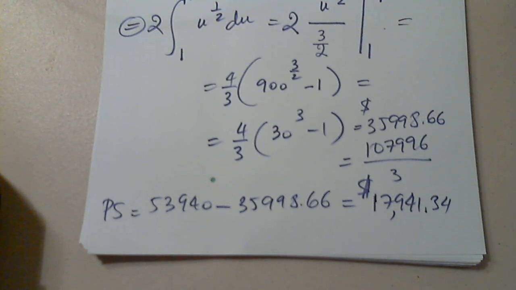There is no need of parentheses in there in most calculators, but I like my parentheses. So when I hit enter, I have to get 17941.34. 17941.33. Oh, I didn't mean to do that. I meant to go to the book.